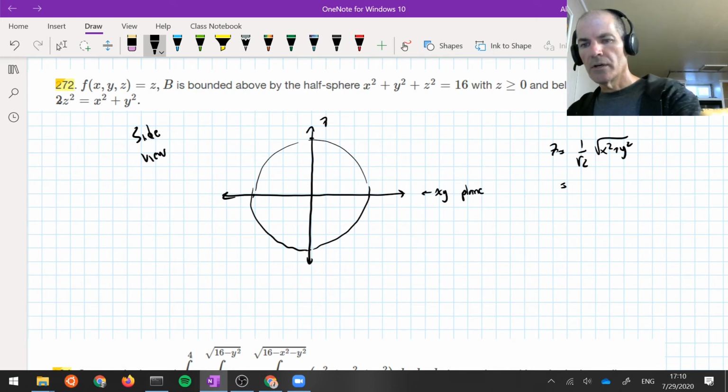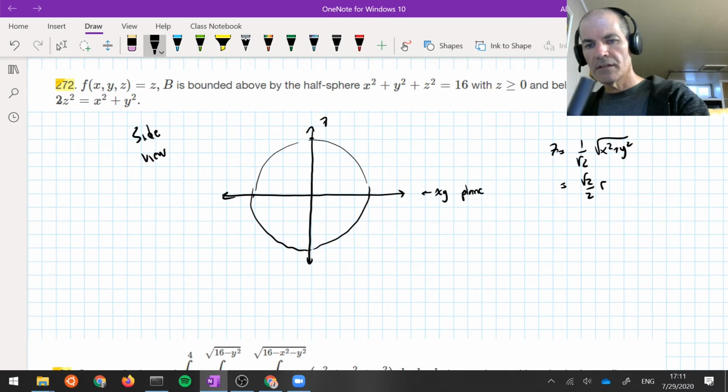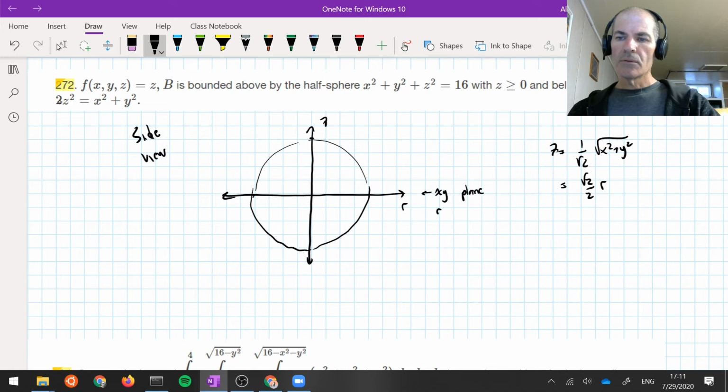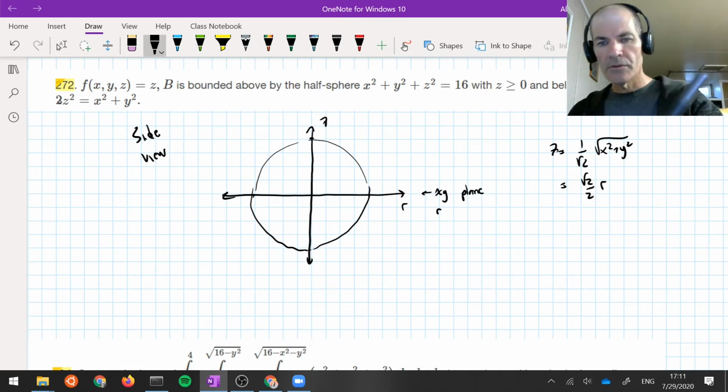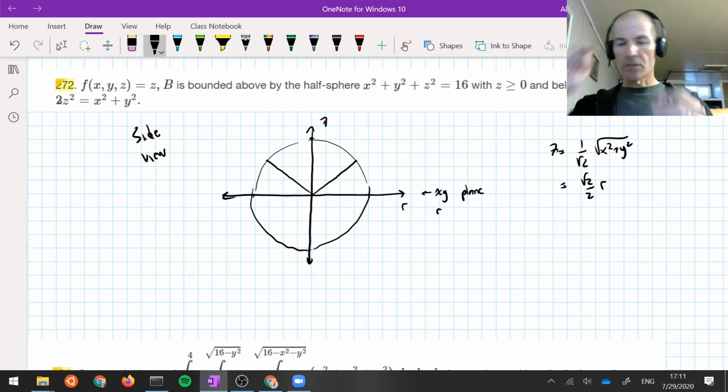In cylindrical coordinates, that would be root 2 over 2 times r. And remember, when we look on this side view, we can consider this the r-axis if we want. So that is a line in the RZ plane with slope root 2 over 2. Root 2 over 2, if you may remember, is around 0.7. So we're going to get a cone whose edge kind of looks like that on both sides, and its cross-section is circular.